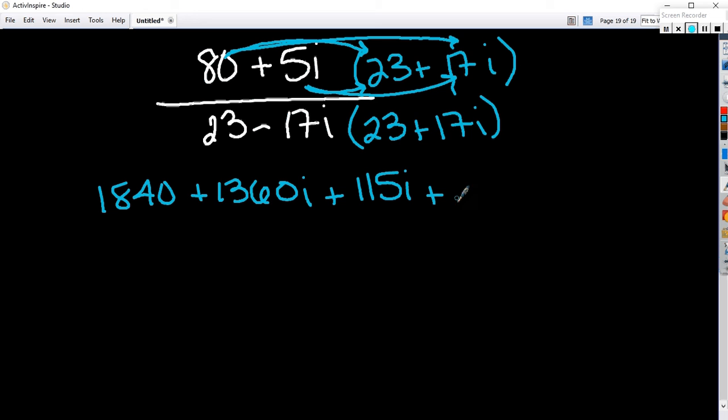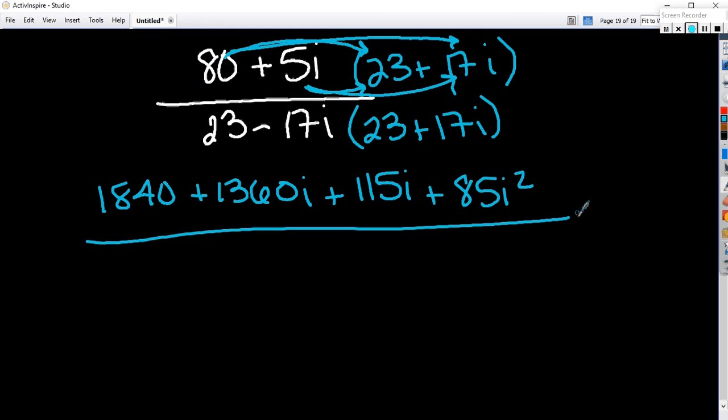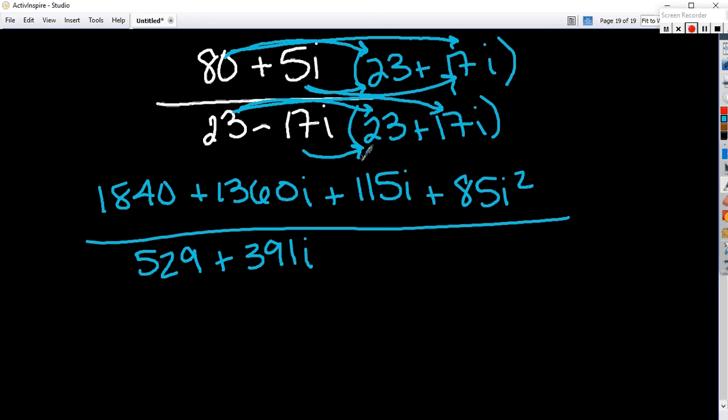So, i squared. Let's move to the bottom. 23 times 23. 529. Okay. 23 times 17i. 391. Negative 17i times 23. And negative 391.